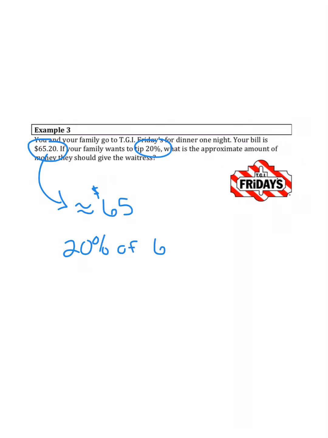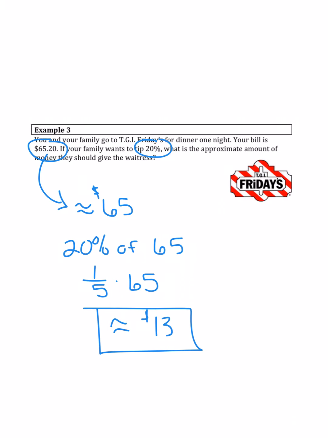You could use the 10% rule too, but I know that 20% is about a fifth. And I also know that of means multiply, and I know that 65 is divisible by 5. So since 5 goes into 65 exactly 13 times, I would leave a tip on my bill that is approximately $13.